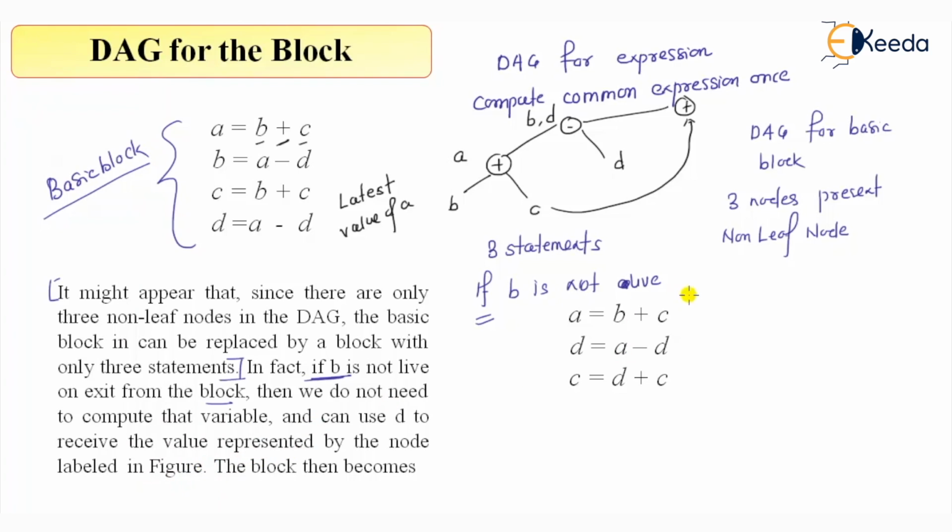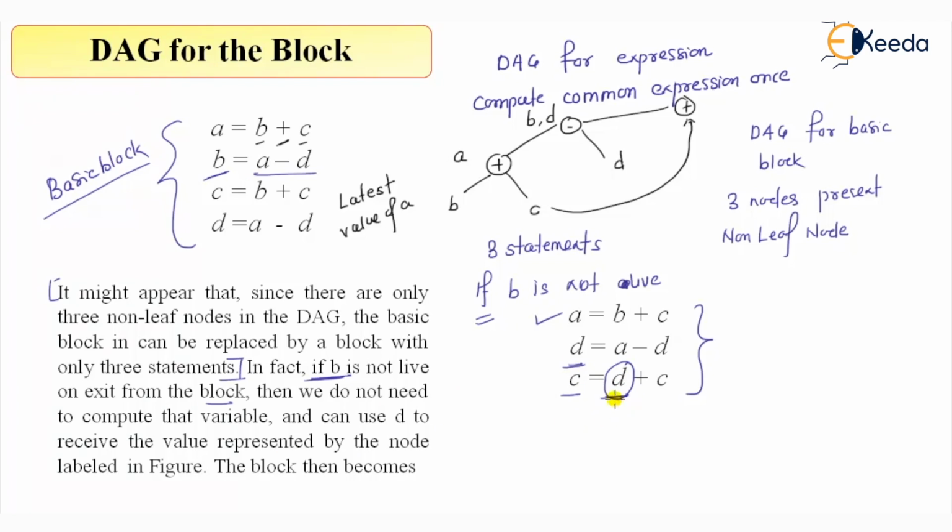The block becomes this. So it is a hypothetical situation that if D is not alive, then A is equal to B plus C is okay. Since D is not alive, I can assign the value D over here, and it becomes A minus D, and I can replace C here. C is equal to B plus C, so I can write here D plus C.